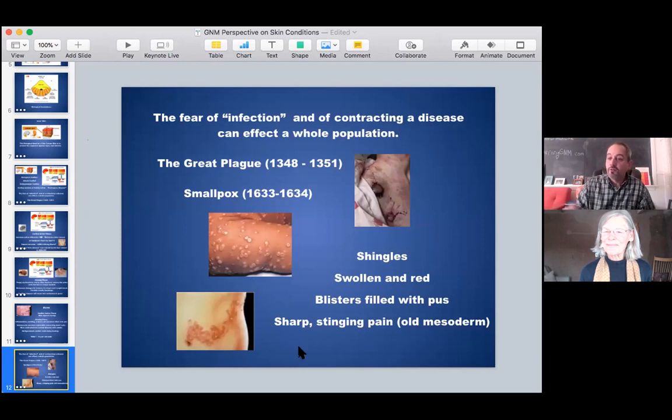And so women who are healing from glandular breast cancer, the breast gland tissue is actually controlled by this area of the brain also, and it derived from this old mesodermal tissue, also experience this type of quality of pain. So this is a quality of pain that one takes note of because it guides us to the tissue in the brain area that's involved, right? So this sharp stinging pain is very characteristic of shingles.